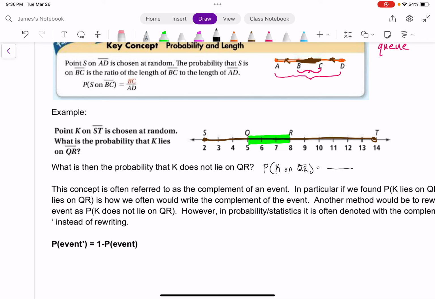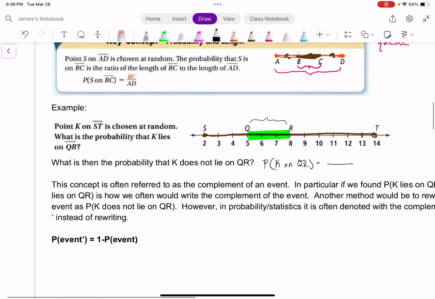So what we're going to look for is the length of QR, because those are our favorable outcomes. That's what we want to happen. For the length of QR, you can use your ruler postulate here. I'm going to take 8 minus 5. That gives me 3. Then the probability of K on QR would be QR's length divided by the total number of possible outcomes, the sample space, which is ST's length.